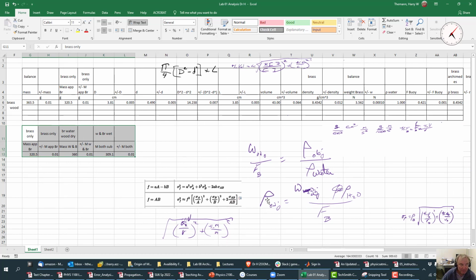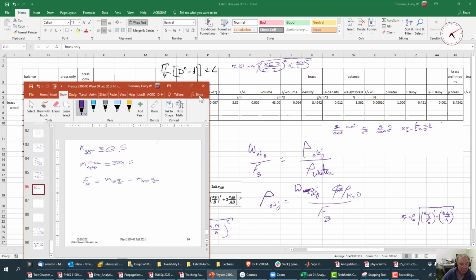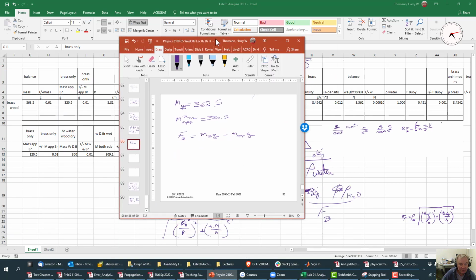So I said we just have to take those two quantities. If I divide by g, so let's think about this. What we actually have are these two numbers. So if we have just M_B minus M apparent, in principle that's going to equal the mass of the water, huh?